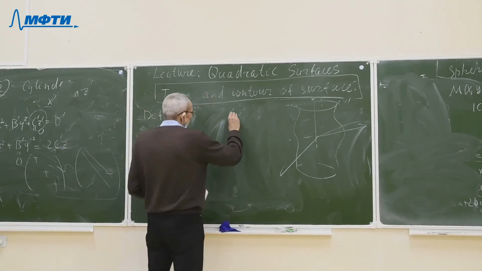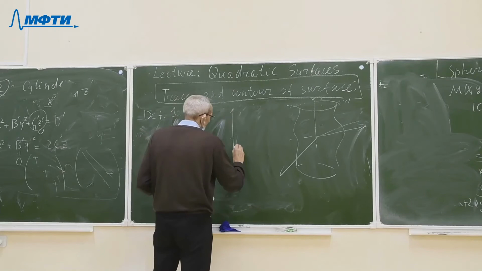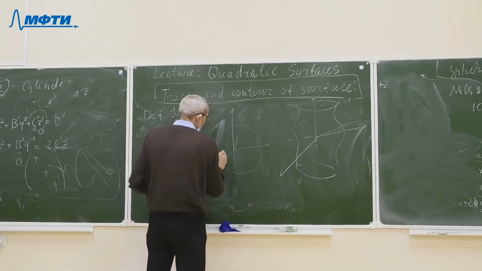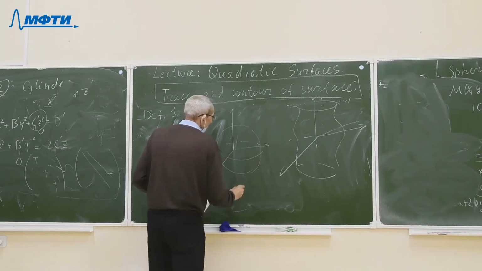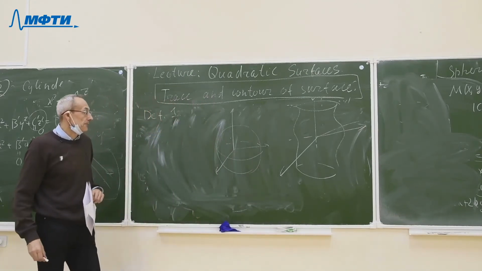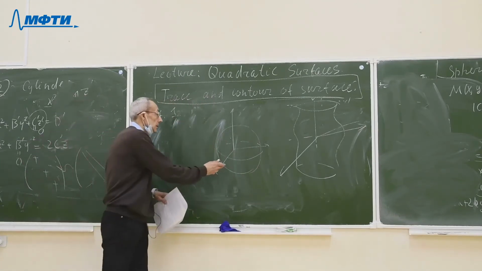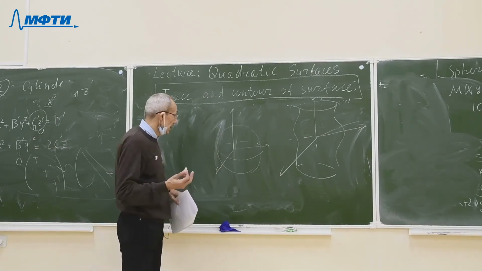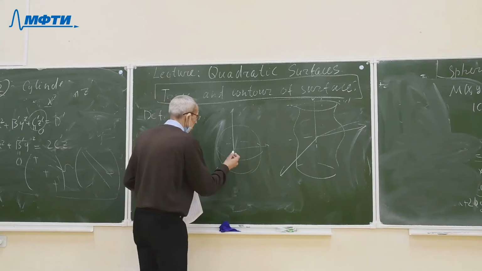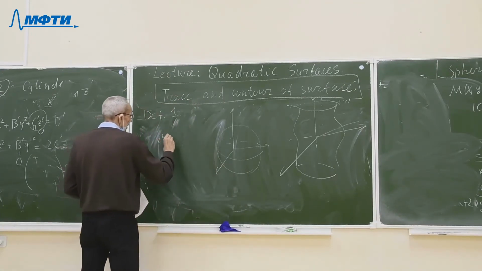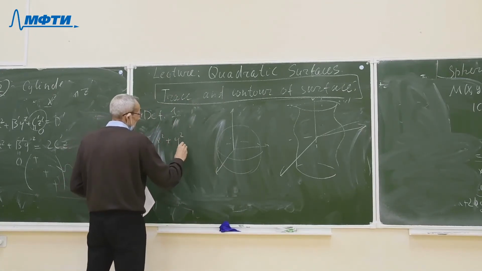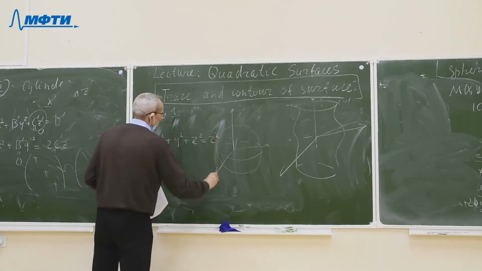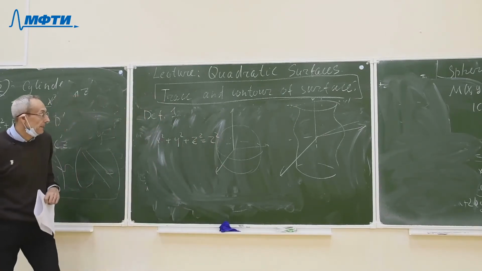For example, we have a sphere with the center at the origin of our coordinate system, and the equation of the sphere is x squared plus y squared plus z squared is equal to r squared.